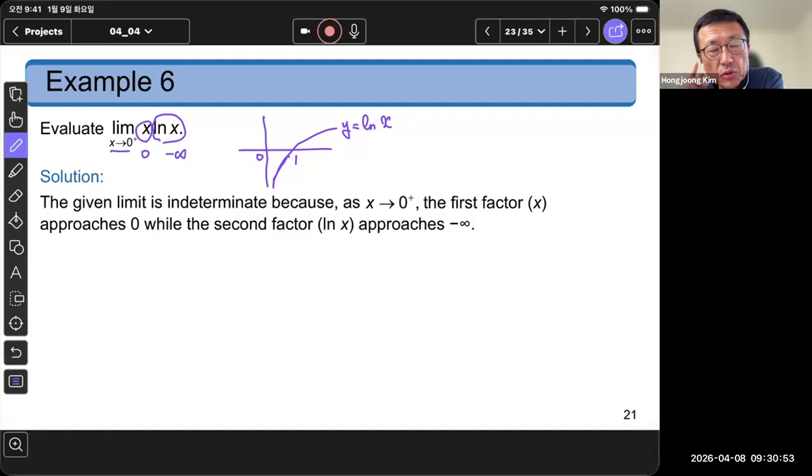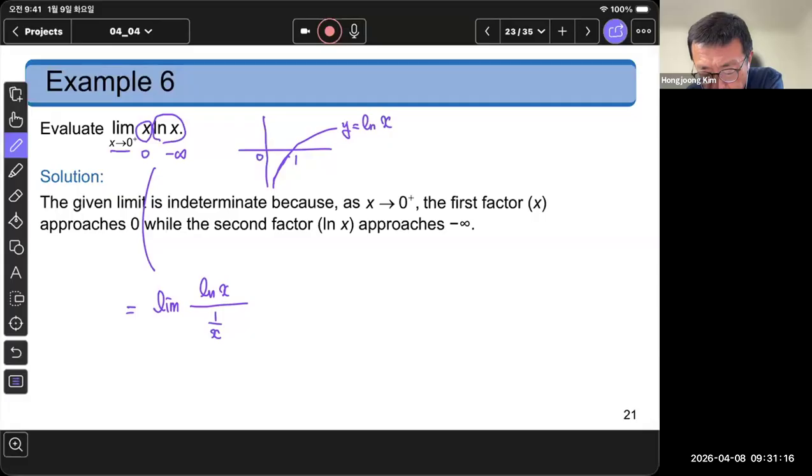Then, as I said, you need to convert one of these two, okay? You need to move one of these two functions into the denominator. So, for example, if I move x to the denominator, you get the limit of ln x over 1 over x.